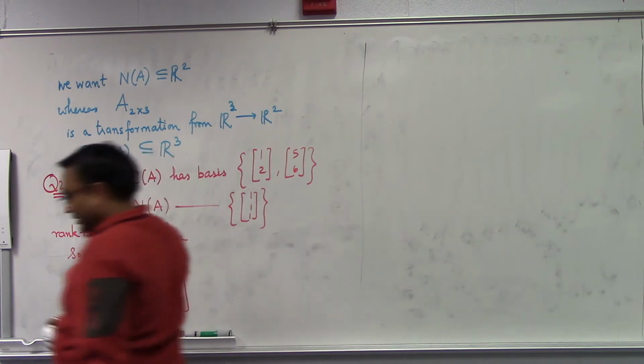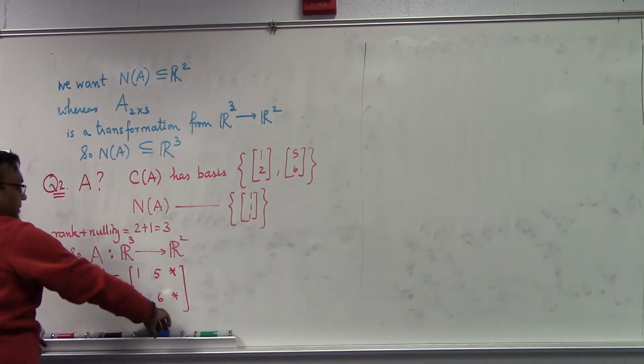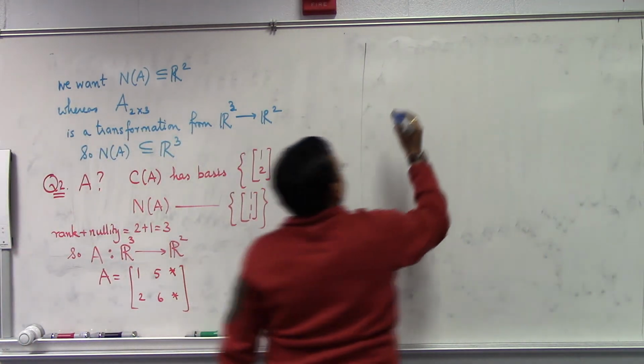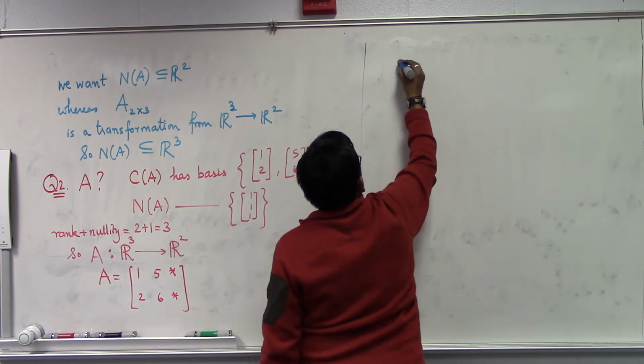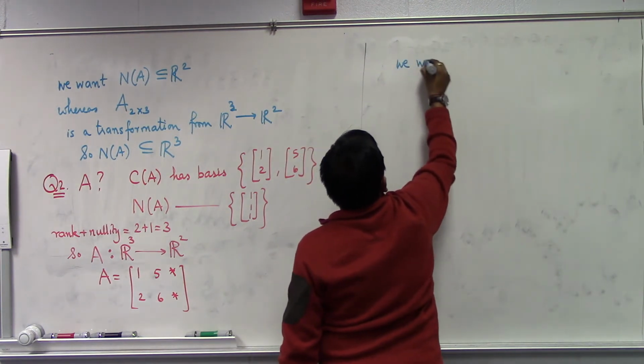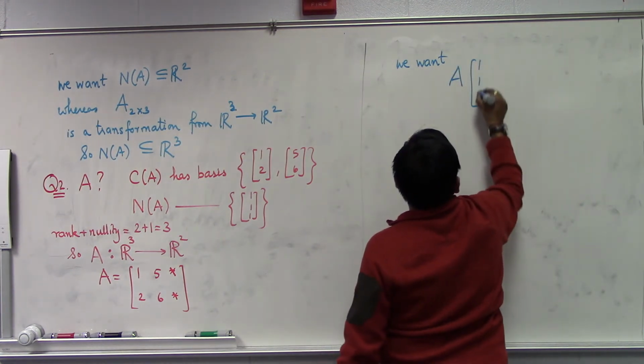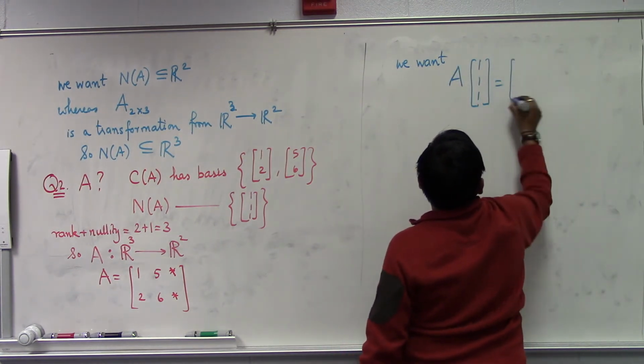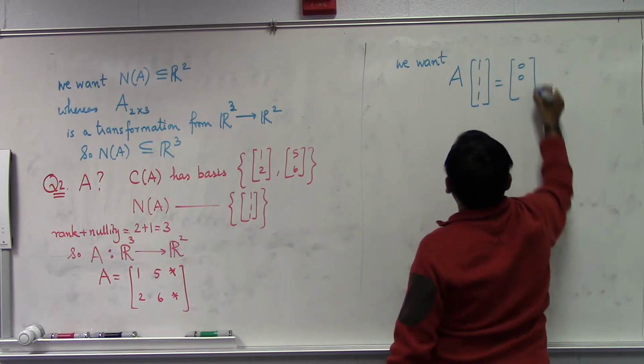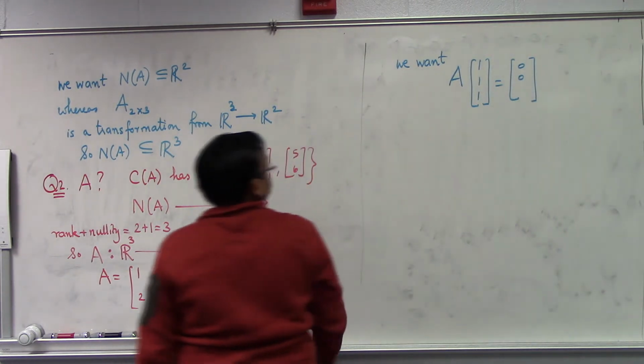So what we are asking is, let me repeat it, that we want, say, A times the vector (1, 1, 1) to be (0, 0). This is what we are after.